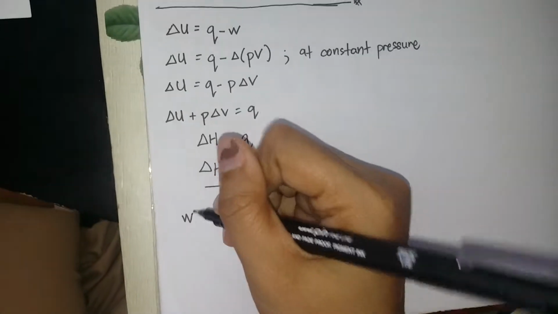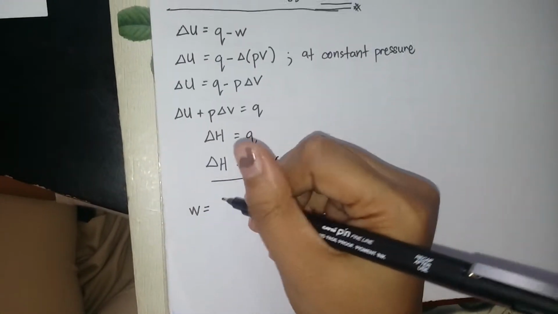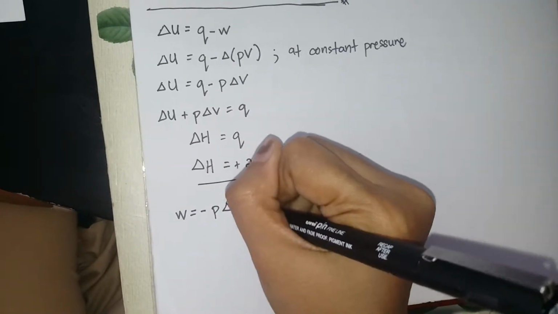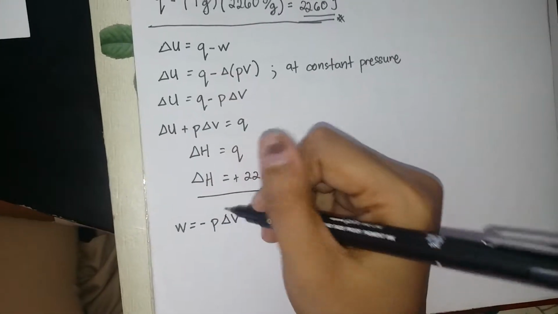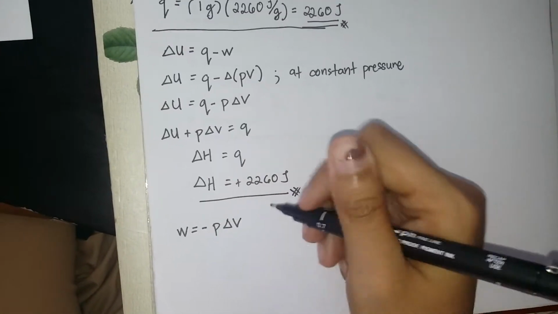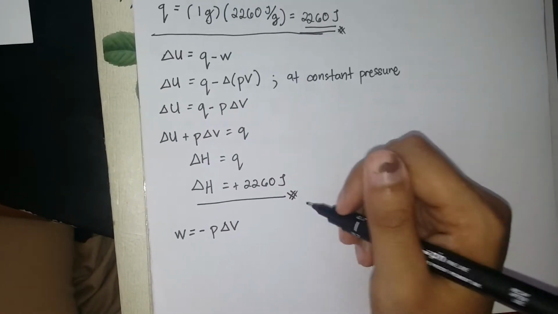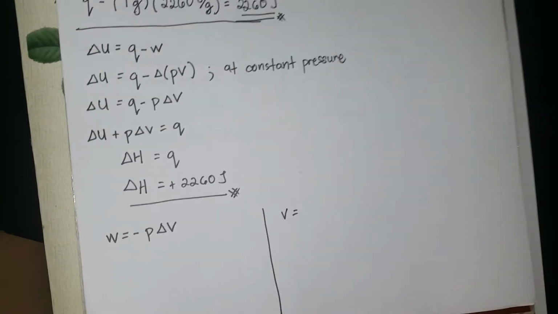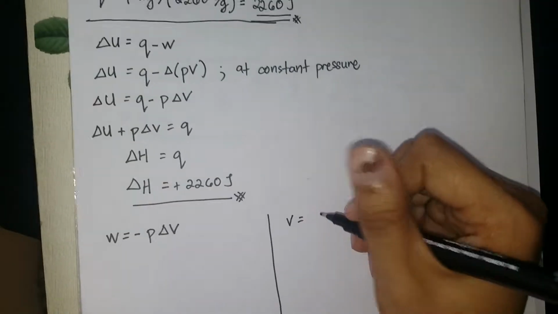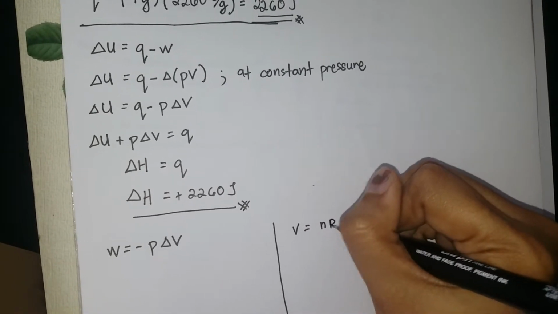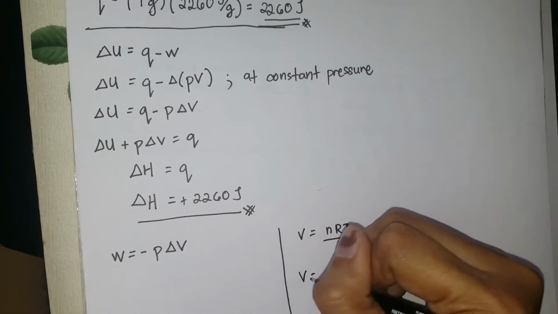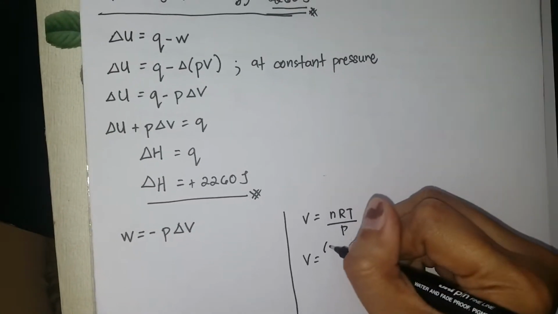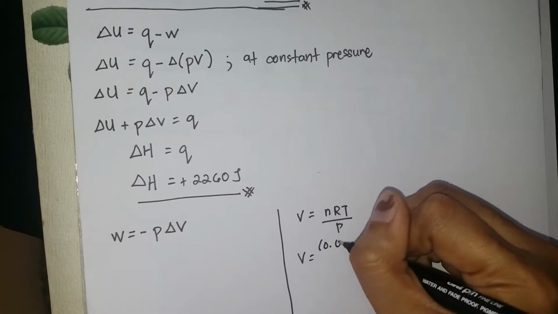Next is the work done. Work done is equal to the work done by the system. Now pressure here is given. The volume here, we're gonna solve for the volume. So the volume here is equal to, we're gonna use the ideal gas equation, which is nRT over P. Now the mole of the water is already solved for, so we just simply plug in.